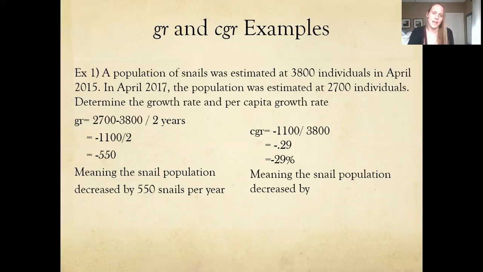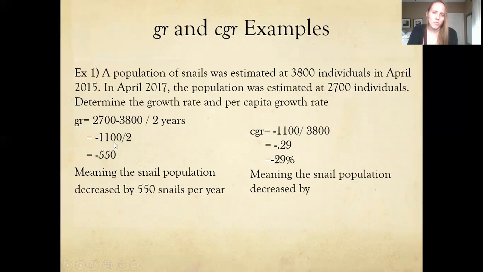So the growth rate and per capita growth rate both start by finding your delta N, your change in the number of individuals. And we always start by doing final minus initial, so 2,700 minus 3,800, which gives us negative 1,100, which is why we have this negative 1,100 here and this negative 1,100 here. Both of those are our delta N's.